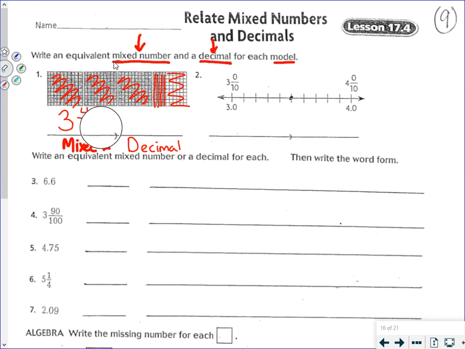So that would be 4 tenths, 3 and 4 tenths, because we have 1 tenth, 2 tenths, 3 tenths, 4 tenths. So our decimal could be 3.4, 4 in the tenths column. You guys go ahead and try number 2 by yourself.